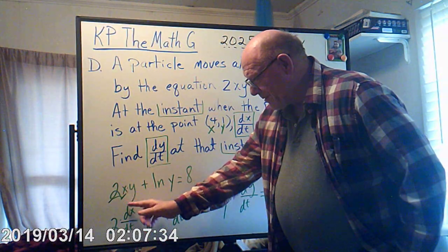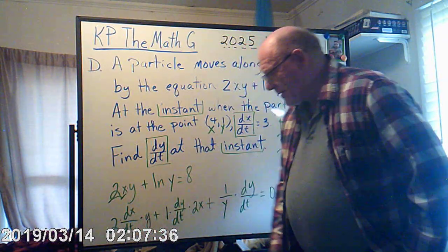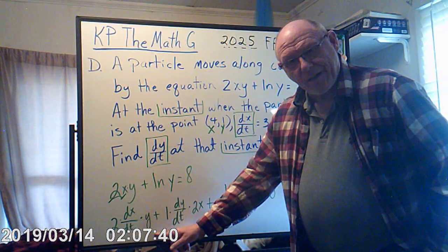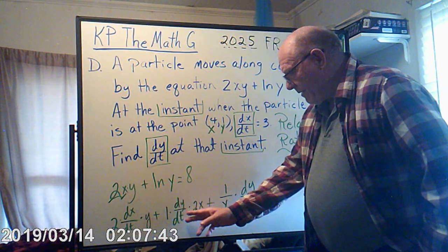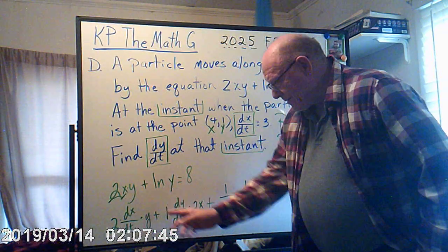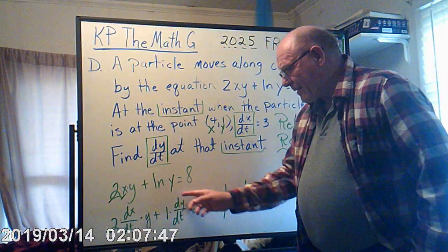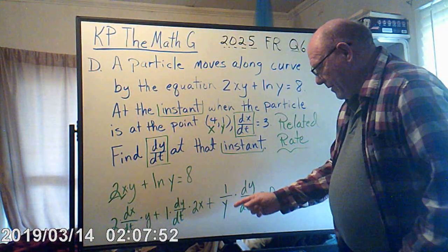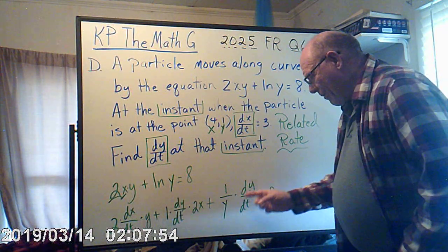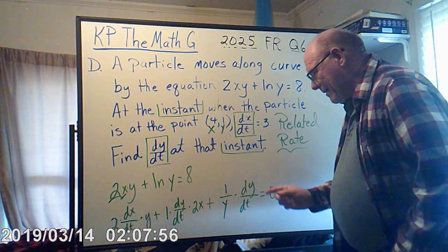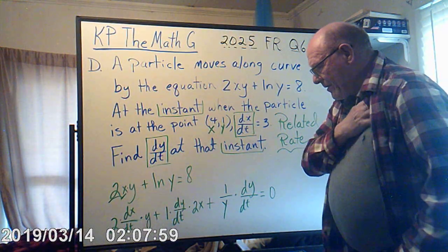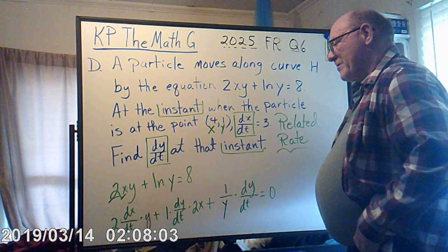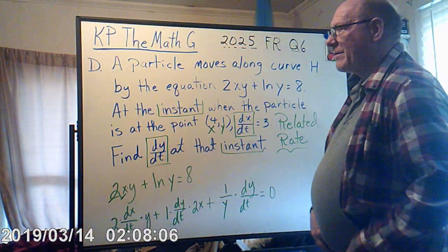Always when you take the derivative of x, dx over dt, you don't put a dy over dt here because you didn't take a derivative here. Derivative of the second, now you did. Now you took a derivative of y, now you take that dy over dt there, times the first. 1 over y, you did take the derivative of y, so you've got to take dy over dt at the end. And then at the end, you just plug all the numbers in, as is, right there. Negative 2/3, that's it.